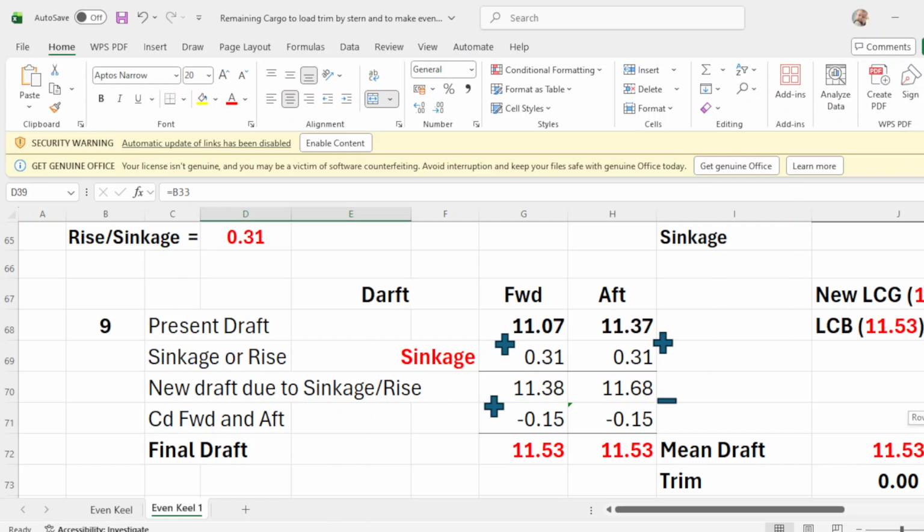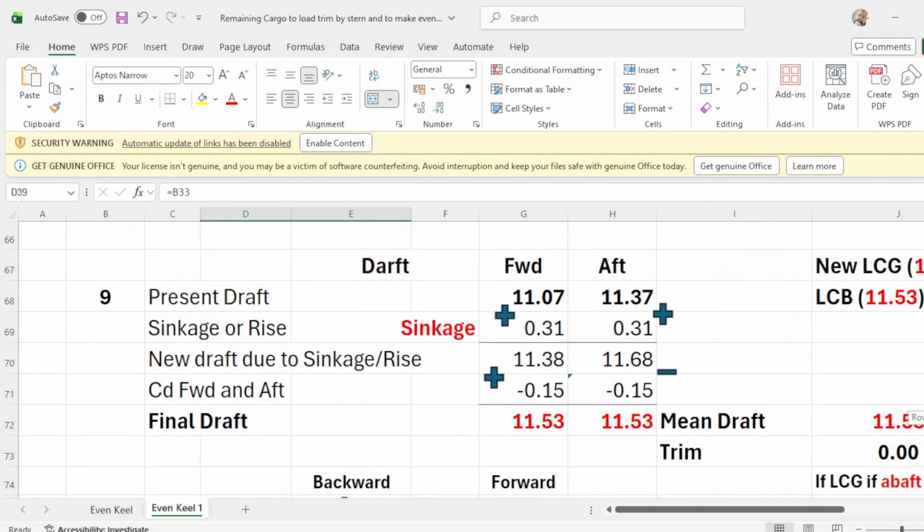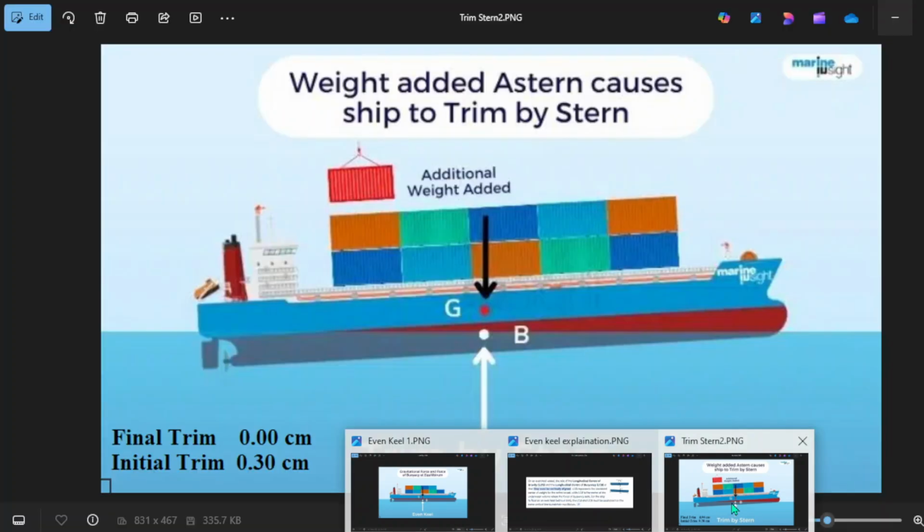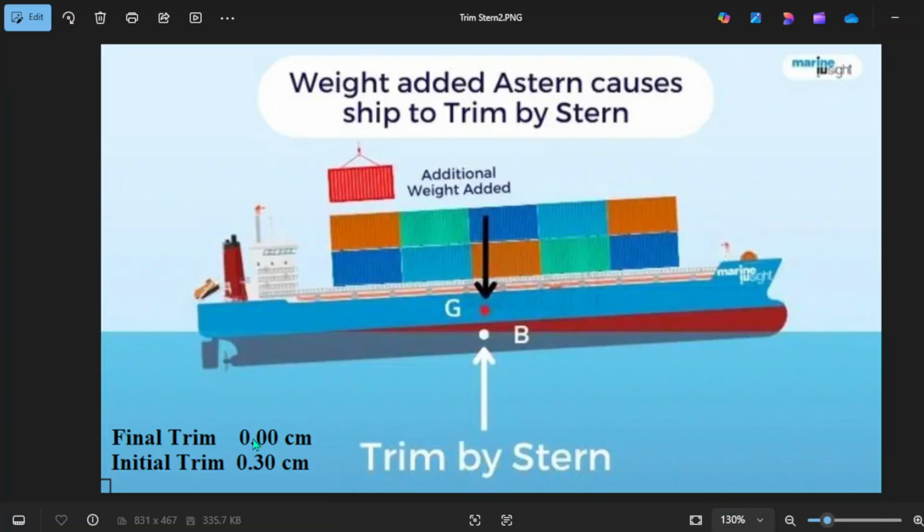Now why add in forward and minus in aft drop? Okay, this is a trim by the stern of 30 centimeters. This is the initial, and your final trim will be 0.